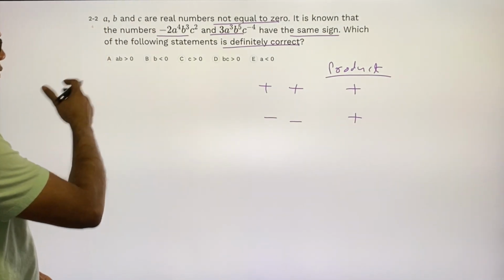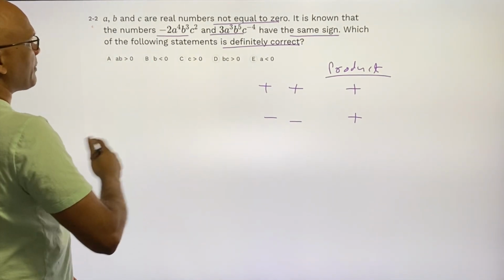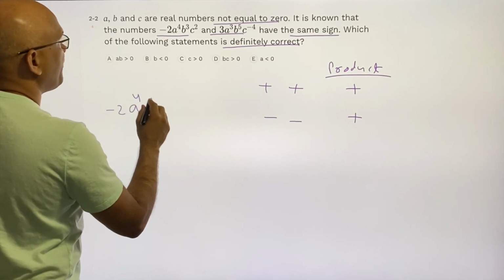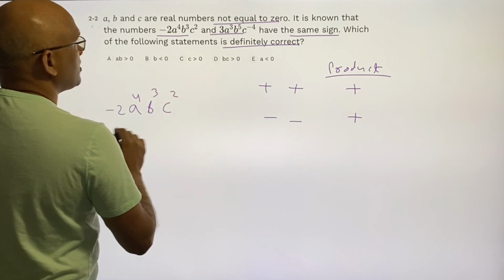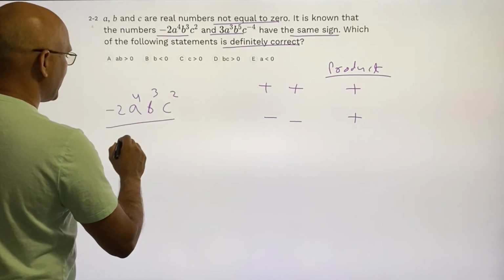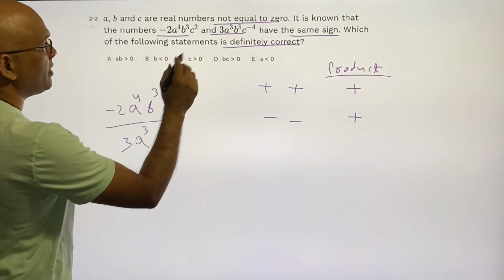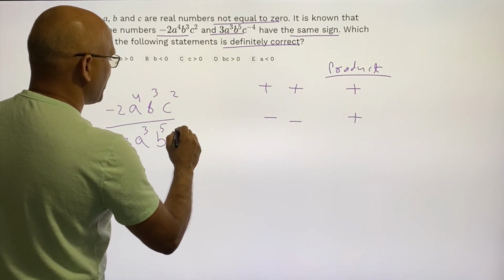So to cancel out some numbers, I'm just going to divide. So minus 2 a to the power of 4 b to the power of 3 c squared divided by 3 a to the power of 3 b to the power of 5 and c to the power of negative 4.